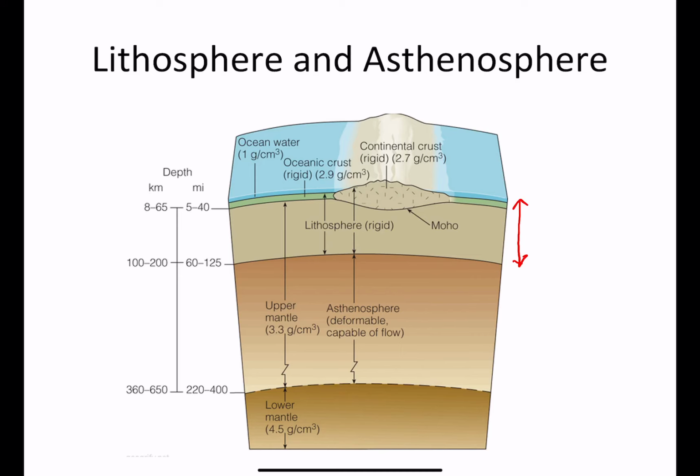You can see the crust at the very top of this diagram, and then you can also see the upper mantle, which is also a part of the lithosphere. So this whole region is the lithosphere, and it's rigid. And then underneath the lithosphere, you have a region of semi-solid rock, which is the asthenosphere.